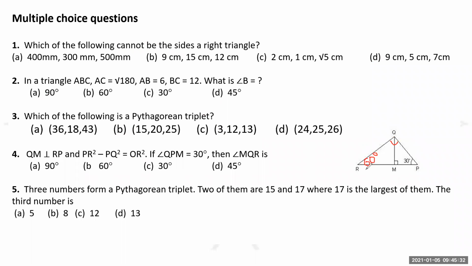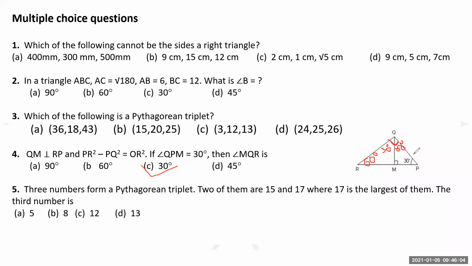So with the help of this, you can find angle MQR. Check MQR, because this is already 60 degrees and this complete angle is 90, the remaining angle would be 30 degrees. So the right option is C. Is it understood by all the students? Yes, sir.